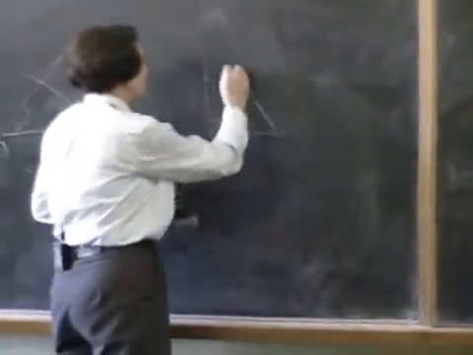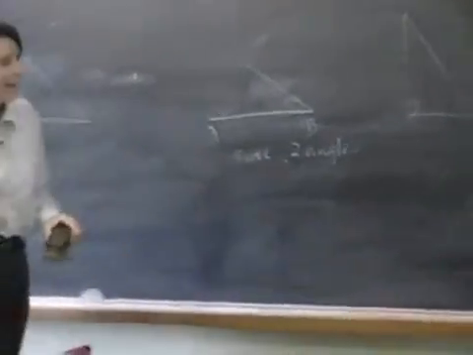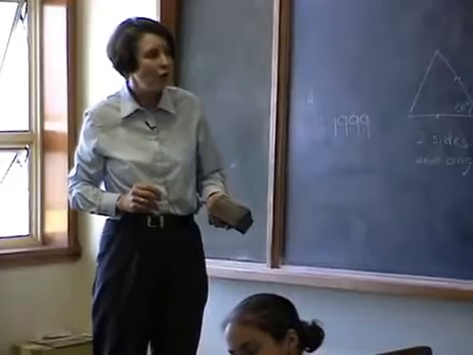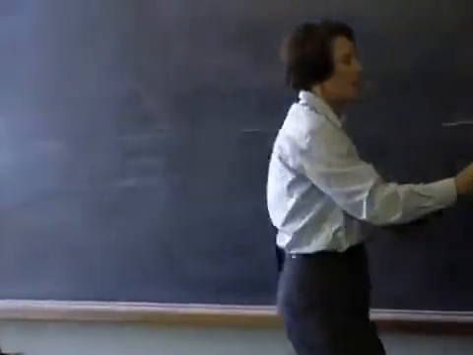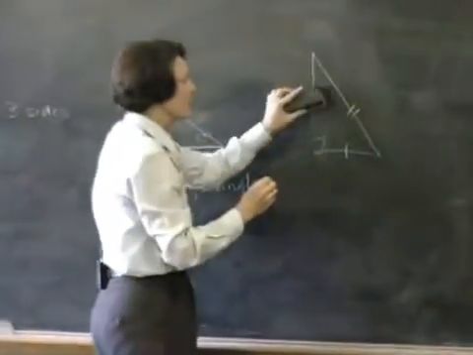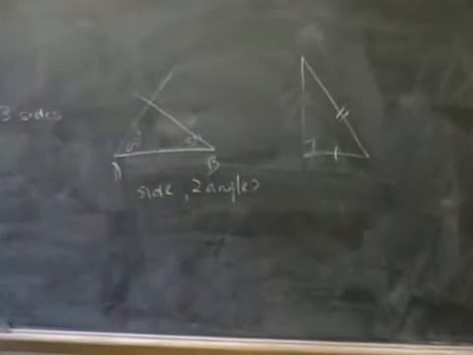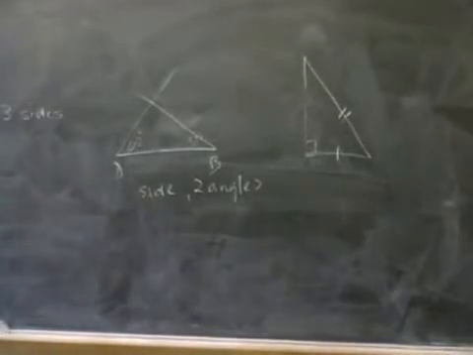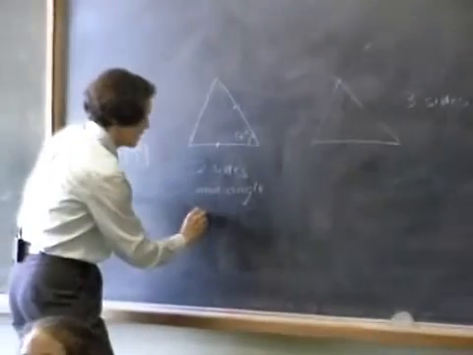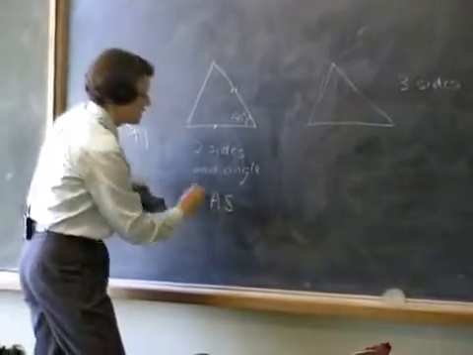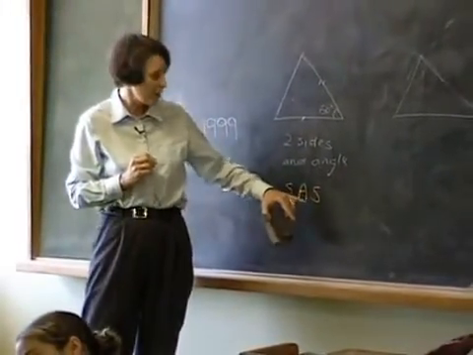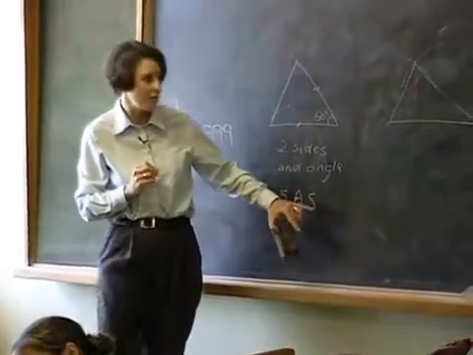But I've still got this right angle here. I can define it as two sides and an angle, or I can also define one side and the other side, the hypotenuse, and it will always be the same with a right angle triangle. All right? So this one is written as SAS, side, angle, side, and the A goes in the middle to show you that the angle has to be between the two sides.